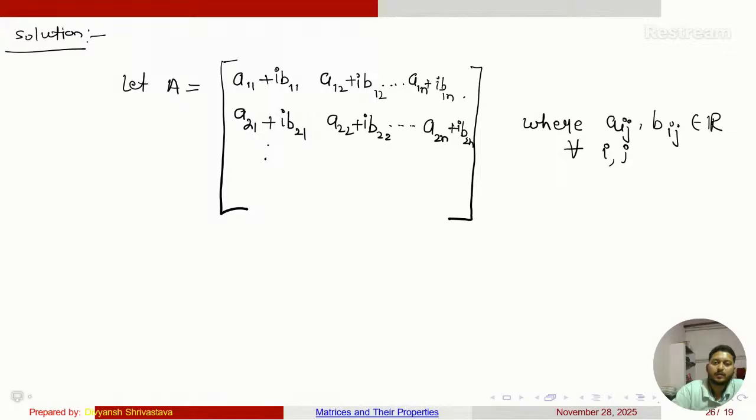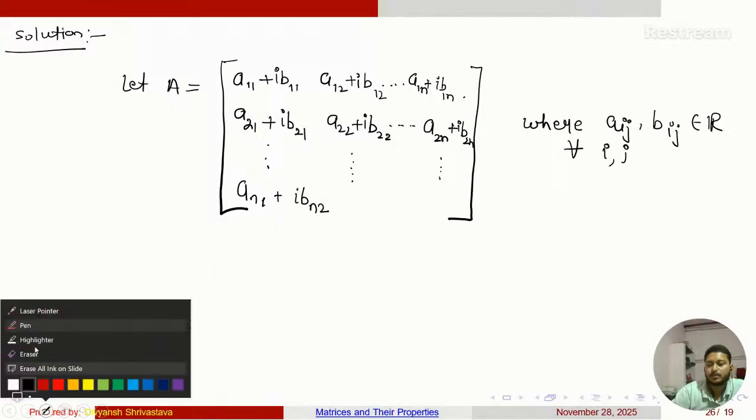These are the entries for complex numbers, and it will go on to an1 plus iota bn1.